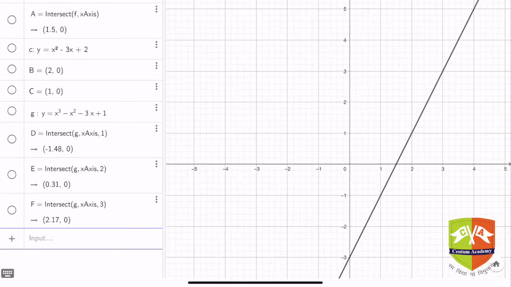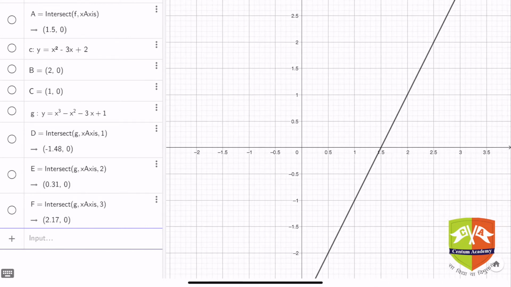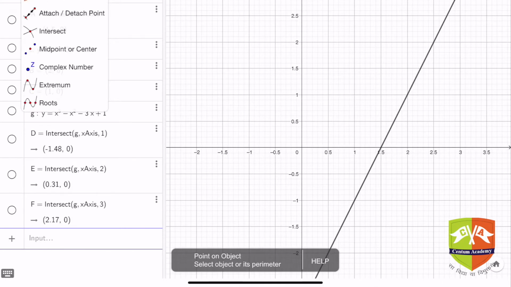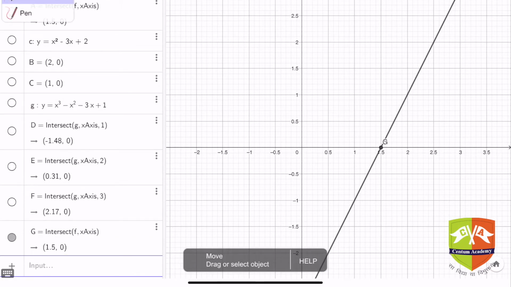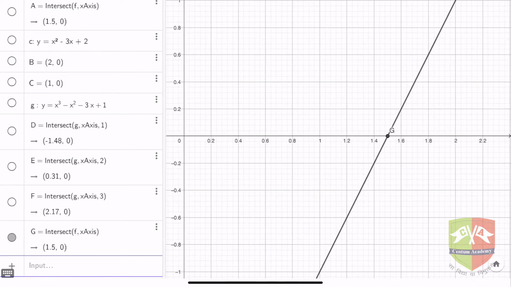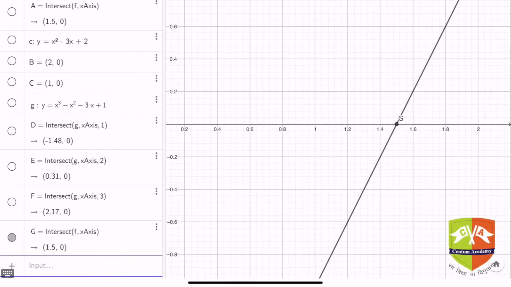Now if you notice, there is one point where the graph is intersecting the x-axis. Here is where the value of y equals 2x minus 3 is becoming 0. And what is that value of x? You can see it is here, 1.5 comma 0. So x equals 1.5 is the 0 of this linear polynomial. And this graph is cutting the x-axis only once, no more, no less.